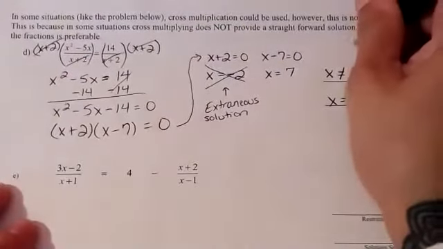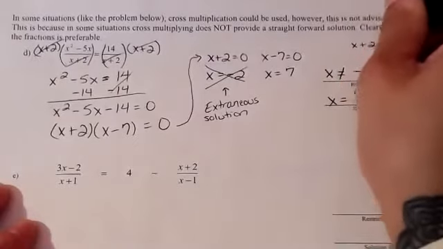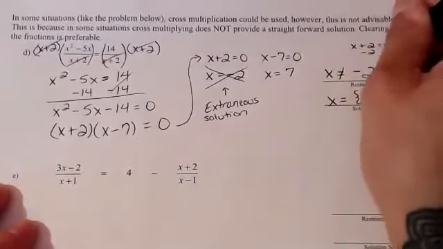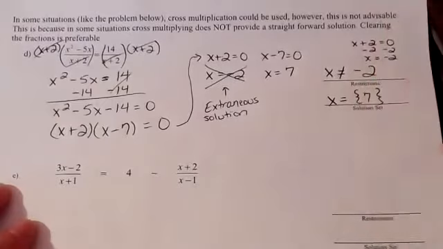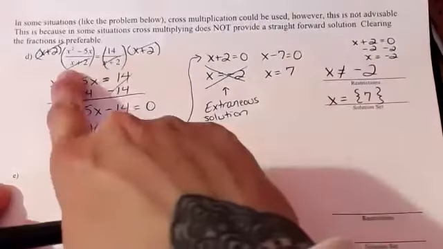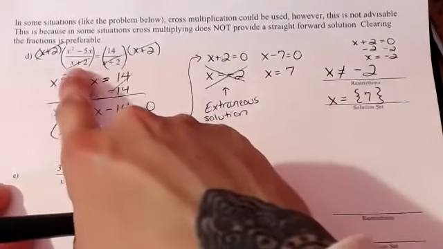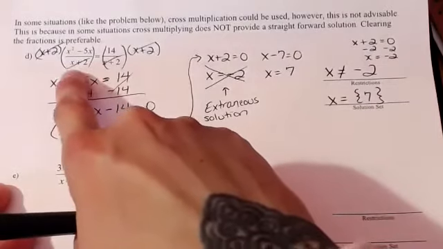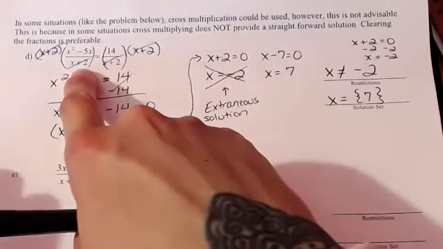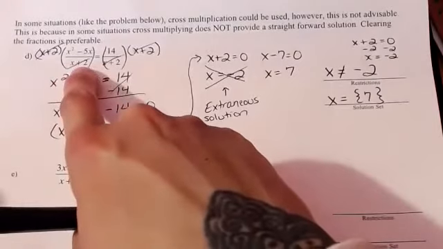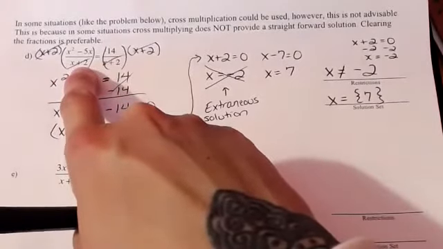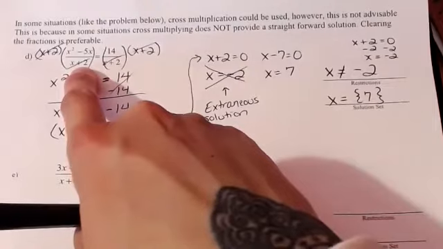If I take that x plus 2, the denominator, and I set it equal to 0 and I solve, this tells me that if x were equal to negative 2, that the denominator would be a 0, right? Also think of it as negative 2 plus 2 is 0. And we can't have zeros in the denominator.